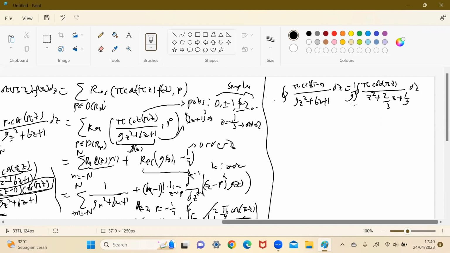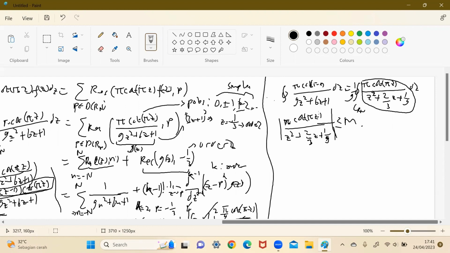Now we have to prove that this integrand is bounded. That is, we have to show that there exists a constant M such that this holds.